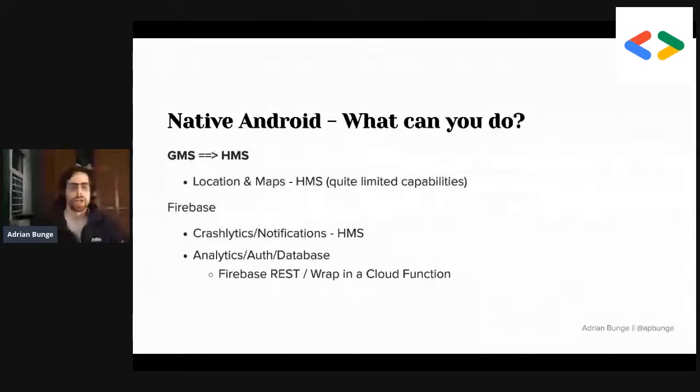But yeah, they do have maps, but quite limited capabilities. The way that the software is designed is a bit sketchy and a bit limited. Anyway, we'll get more into that a bit later.